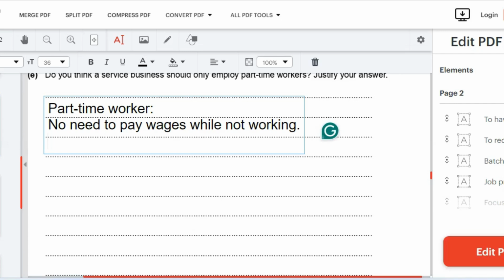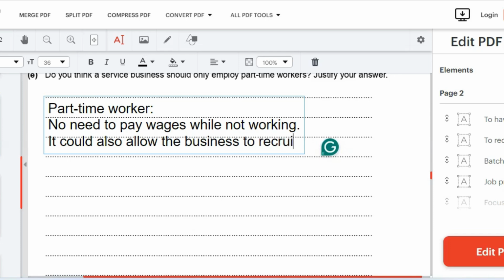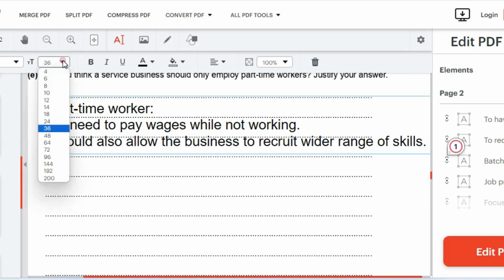So it could also allow the business to recruit a wider range of skills, employees. Now let us just reduce this for another point.